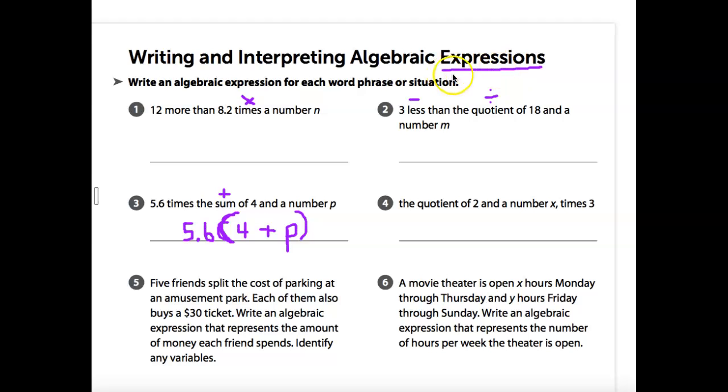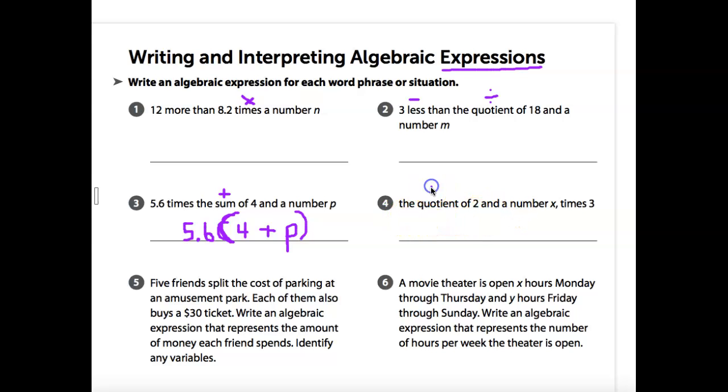These are just expressions. All right, so on this one, it says the quotient of 2 and a number x times 3. So we do this one first because we don't see a number less than or more than. The quotient of 2 and a number.